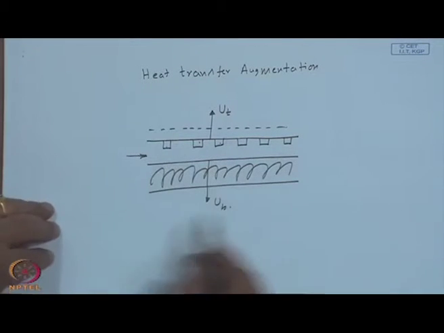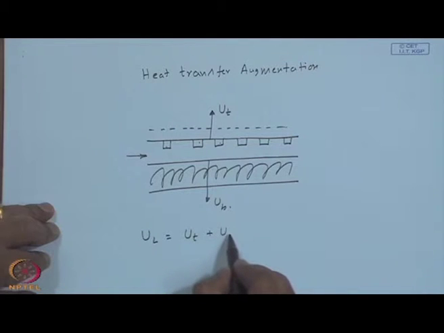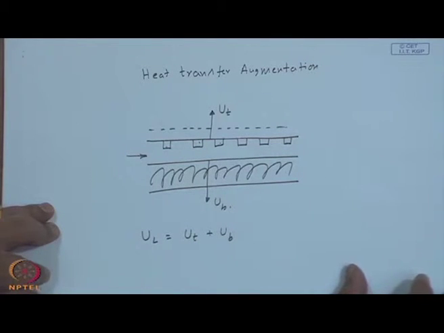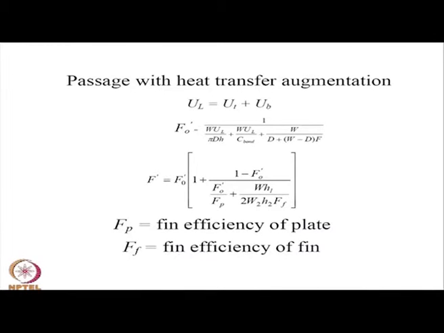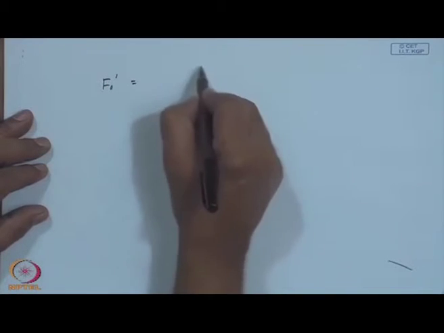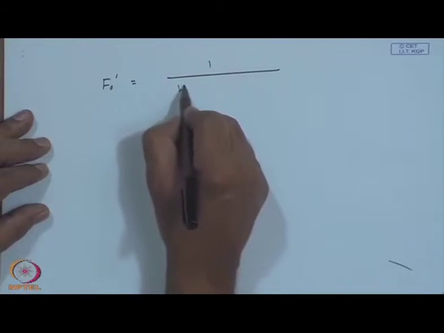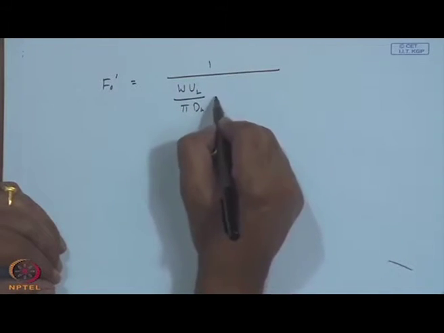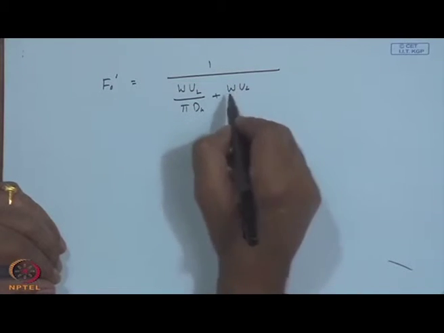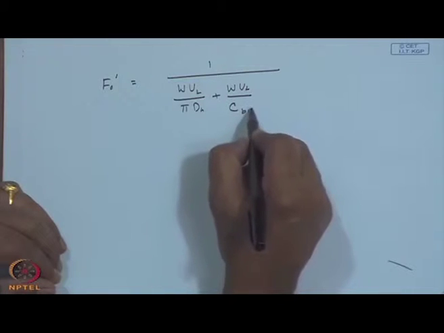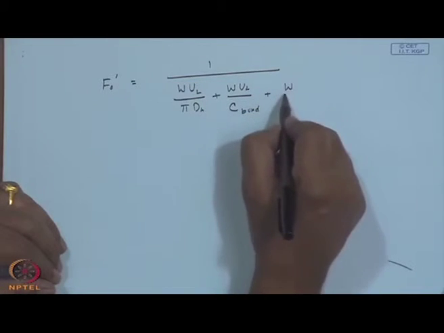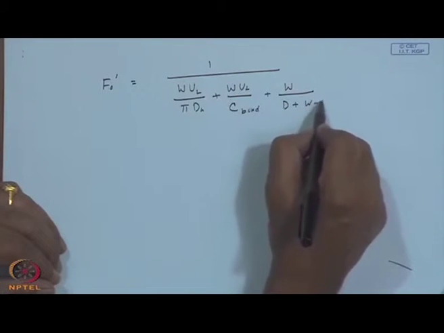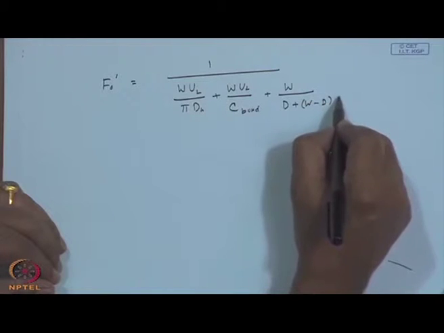So, for this arrangement, again because the fluid does not come directly in contact with a heat losing surface, U L will be equal to U t plus U b, and you have F naught dashed equal to 1 upon W U L by pi d h plus W U L by C bond conductance plus W upon d plus W minus D times F.